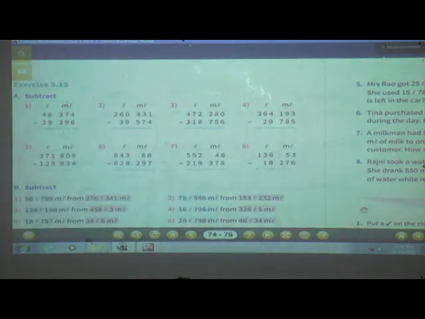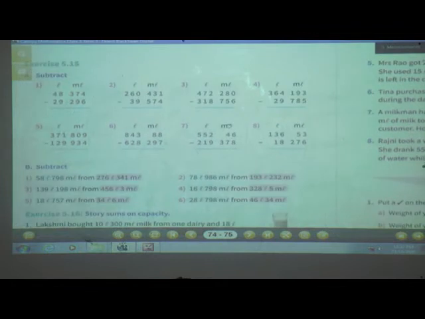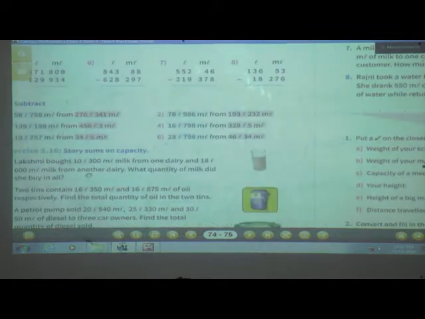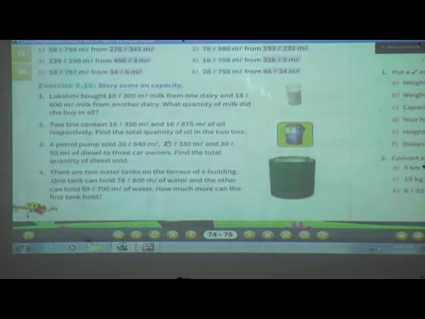Now we'll see the next exercise, that is exercise 5.16, story sums on capacity.